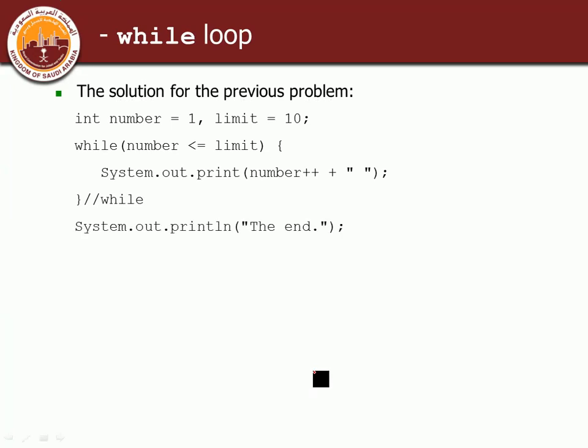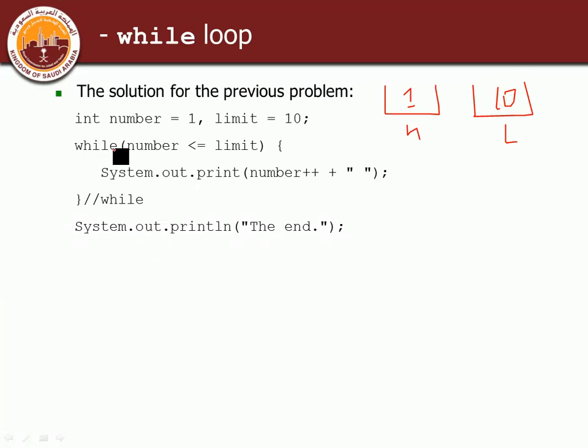So the previous problem, this is how we can use it. This is an example of the code for the previous exercise, when we would like to write code that displays numbers from 1 to 10. So how it works: we put 1 into number and 10 into limit.